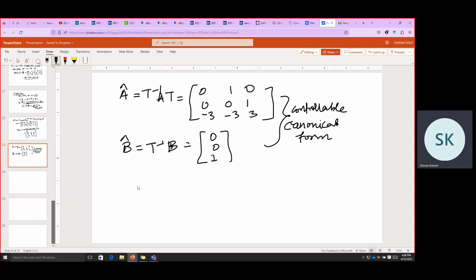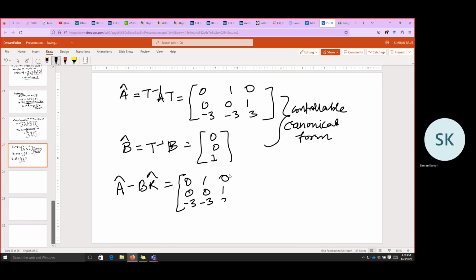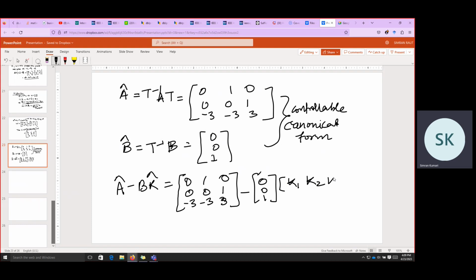So what is the value of k? For this system, A cap minus B cap K cap is the overall closed loop system matrix. So this should lead to 0 1 0 0 0 1 minus 3 minus 3 3 minus 0 0 1 times k1 k2 k3.